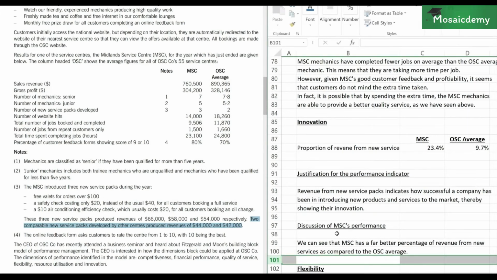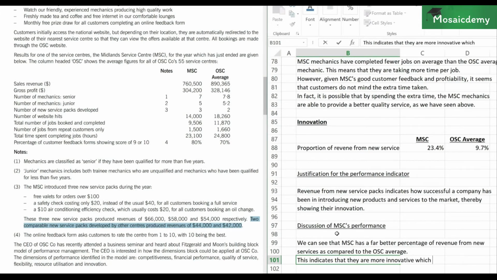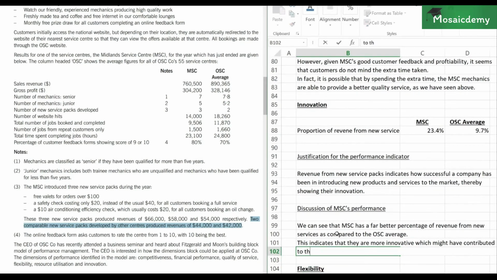This indicates that they are more innovative, which might have contributed to the higher customer feedback scores, right? We're bringing everything back to that because the higher customer feedback scores at the end of the day are very important, and we can always link these things back to that. Okay.